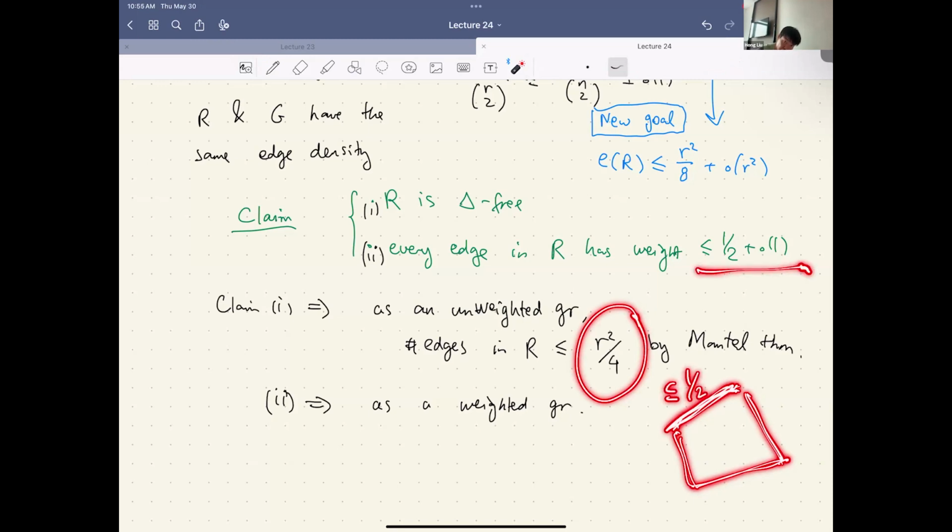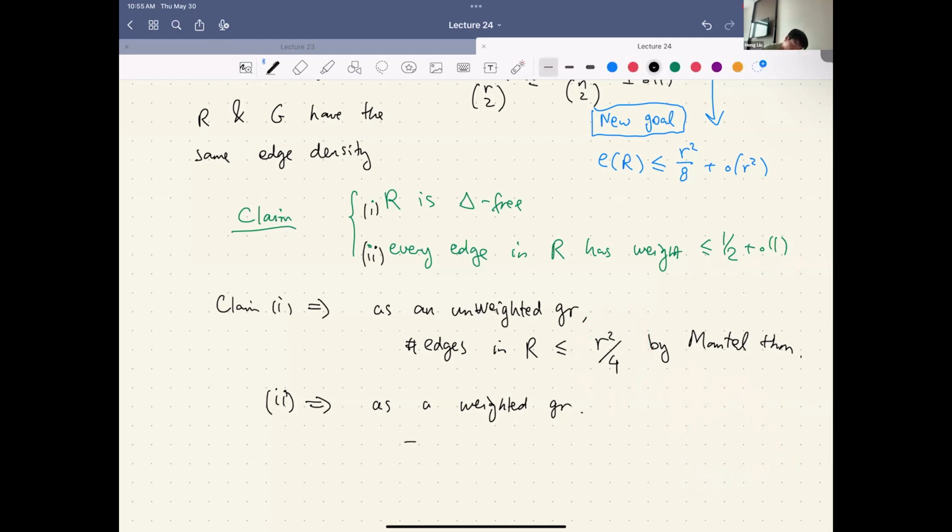So as a weighted graph, when you count the number of edges, you have to multiply by the weight. E(R) is at most R squared over 4 times the weight, 1/2 plus little o(1), which is precisely what we want: R squared over 8 plus little o(R squared). So we just need to prove these two claims.